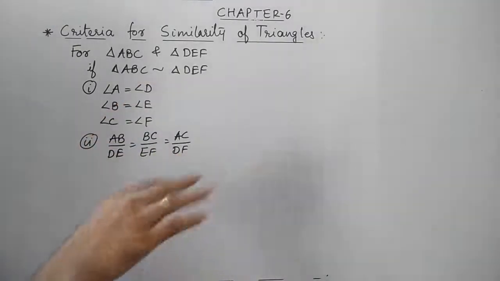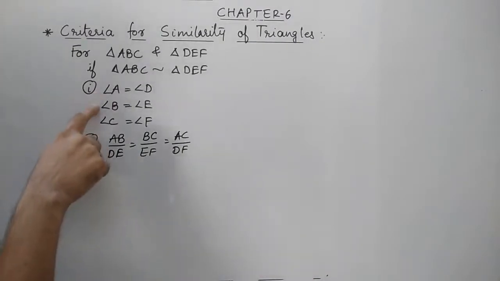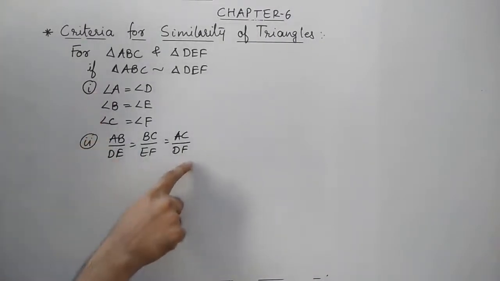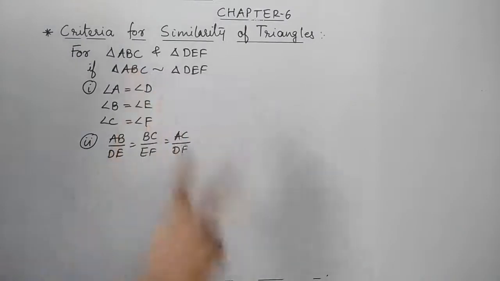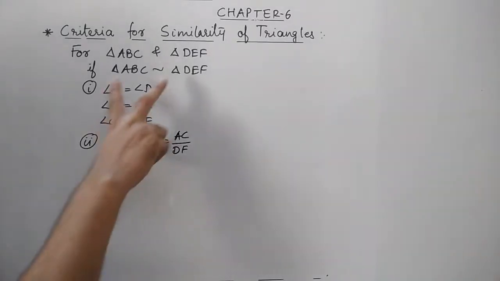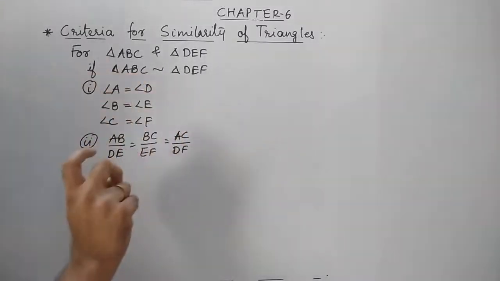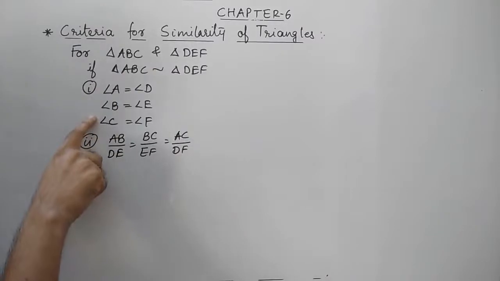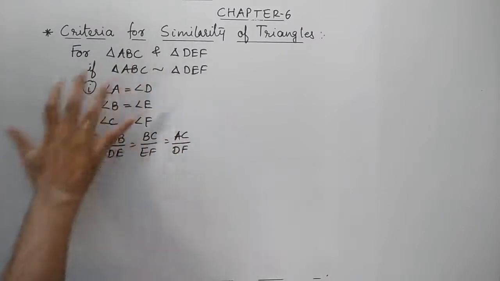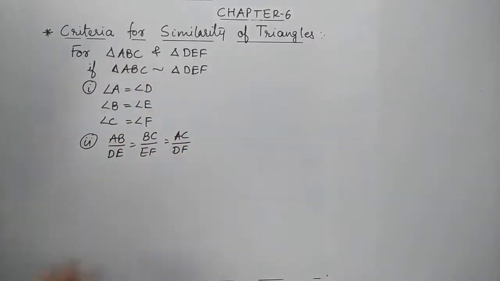Now if we go in reverse, if corresponding angles are equal and sides are in the same ratio, the triangles are similar. Now if we want to prove that two triangles are similar, do we require showing all 6, that is the corresponding angles and corresponding sides in proportion?